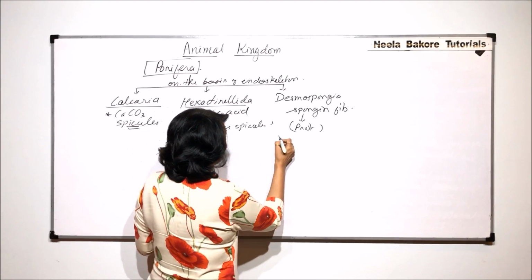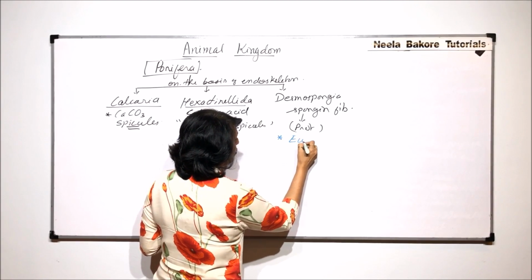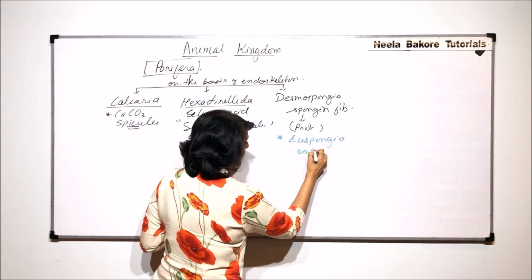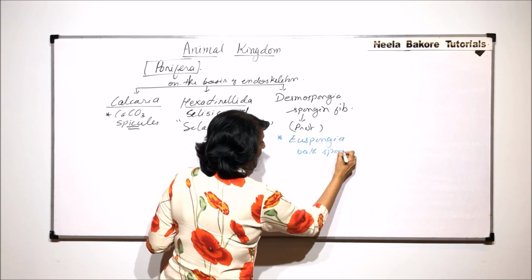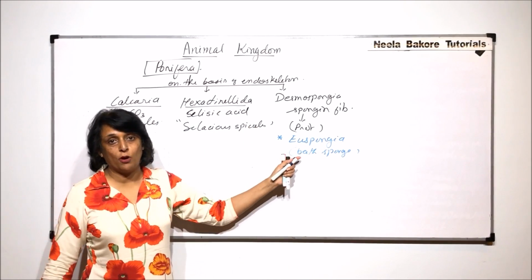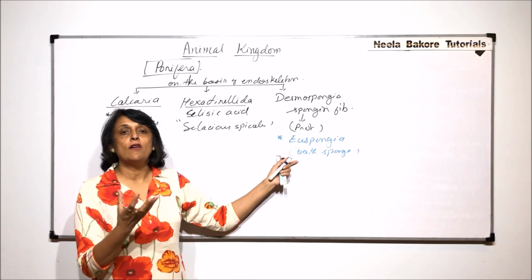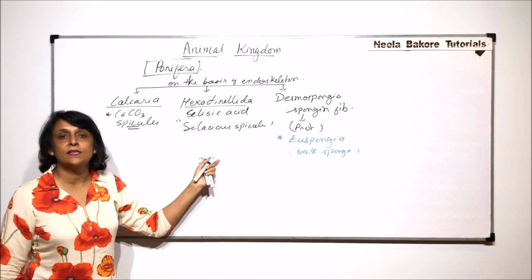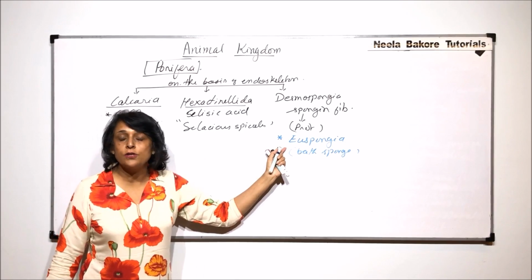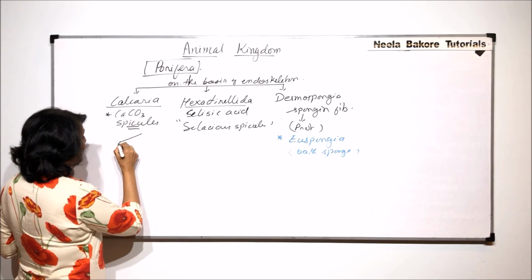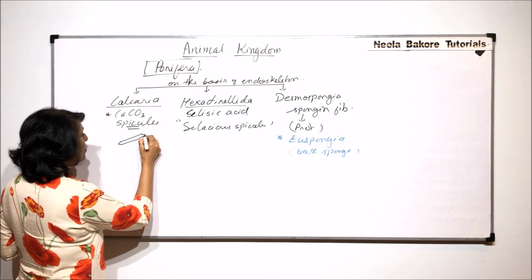So here we will have the example of Euspongia, which is the bath sponge. And this is the reason why we are able to use it as bath sponge, because of that soft protein which it has. The members which belong to these two classes cannot be used as bath sponge, because these spicules which are there, they are needle-like structures, pointed.